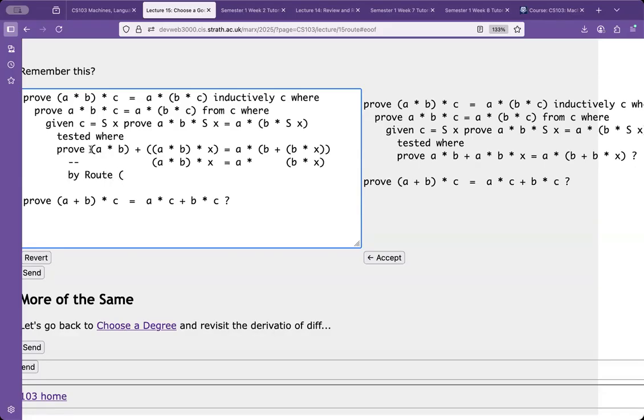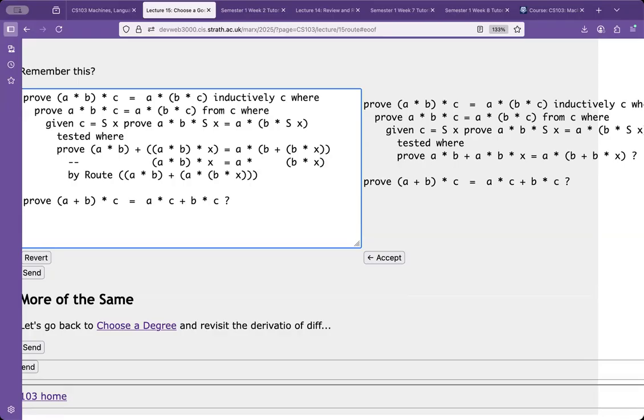So I grab the part of the left-hand side that stays the same, and I paste in the right-hand side of the induction hypothesis. And already I'm thinking, I've got A times this plus A times that here, and I want A times this plus that.